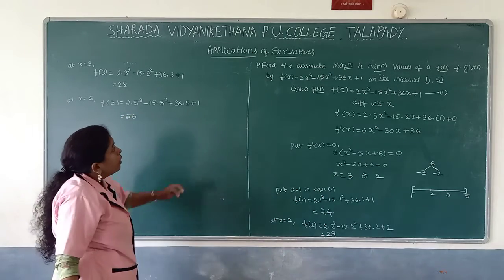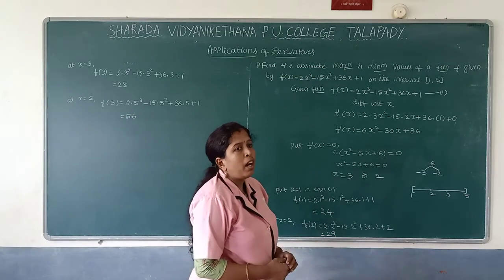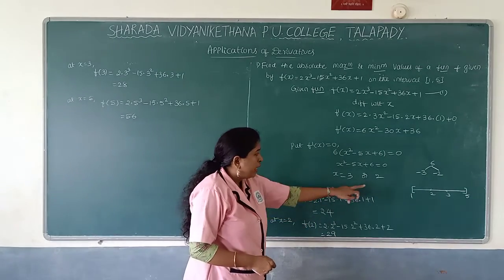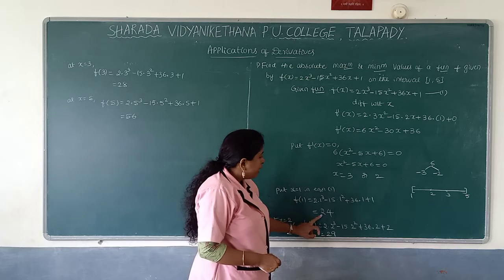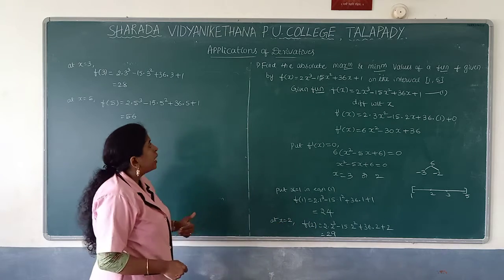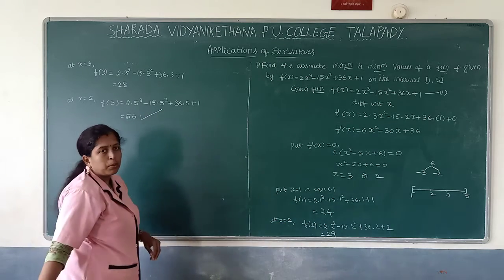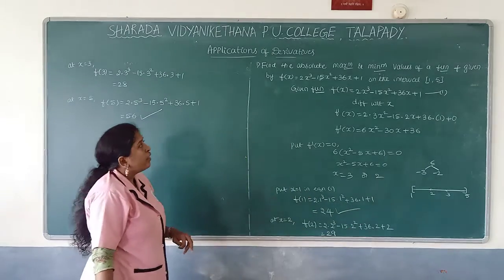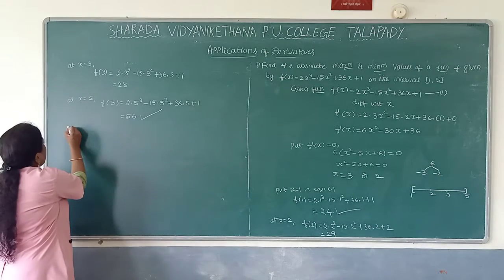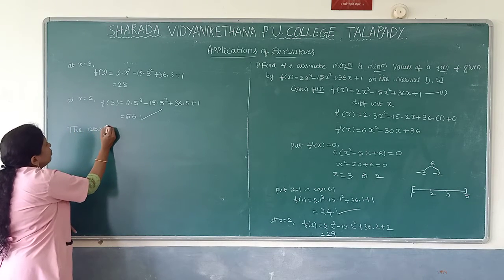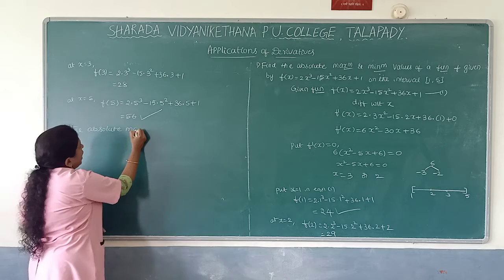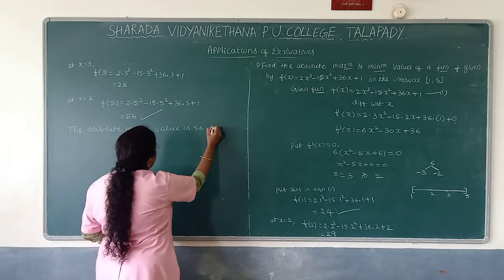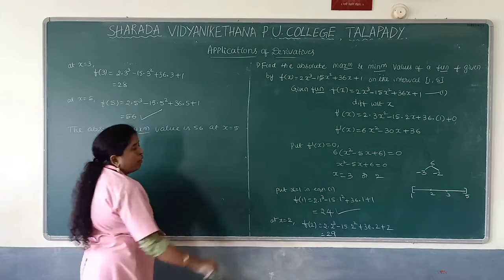Now see, find the absolute maximum and absolute minimum value. After substituting the values 1, 2, 3, 5, we should observe which is maximum. So 56 is the maximum. Which is the least value? 24 is the least value. This means that for this problem, the absolute maximum value is 56 at x is equal to 5.